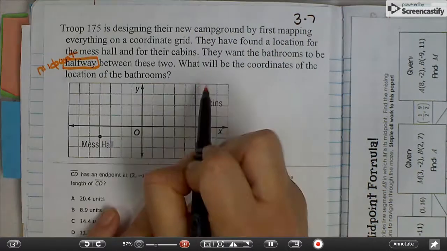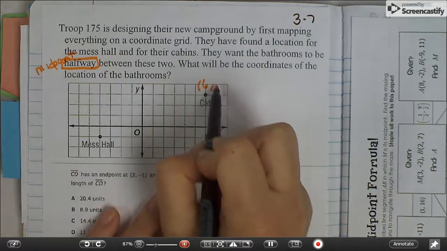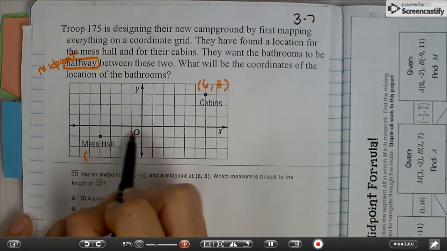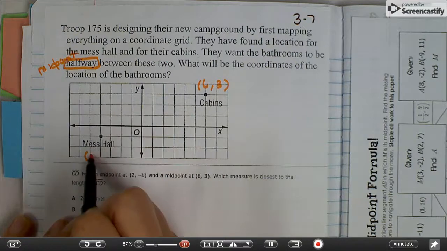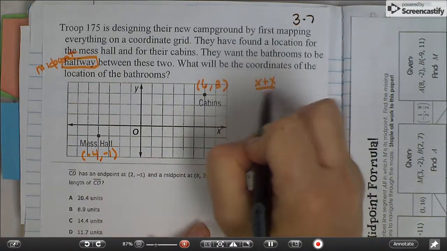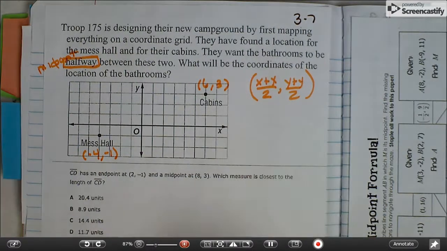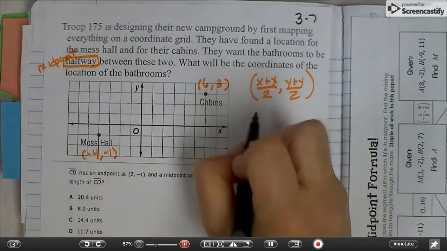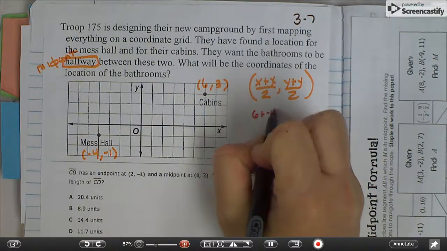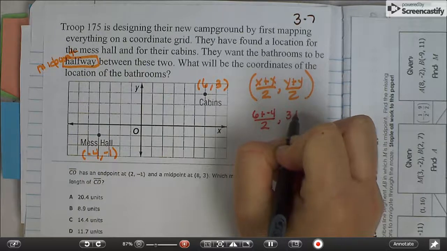Well, we need the coordinates of the cabins: 6, 3. And we need the coordinates of the mess hall: negative 4, negative 1. And we're going to use the formula: x plus x over 2, y plus y over 2. Our x's this time are 6 and negative 4. Our y's are 3 and negative 1.